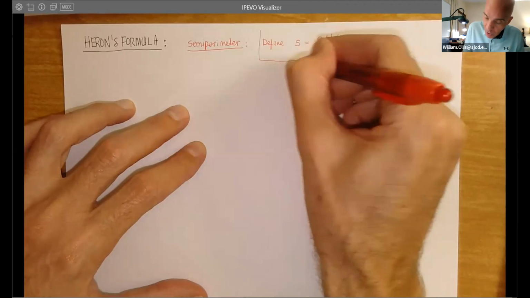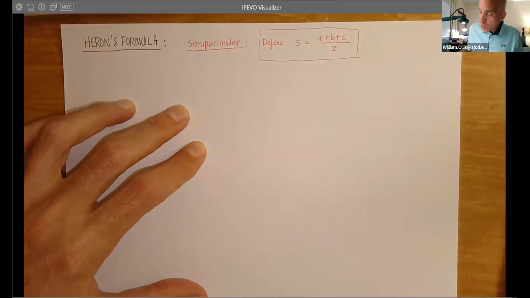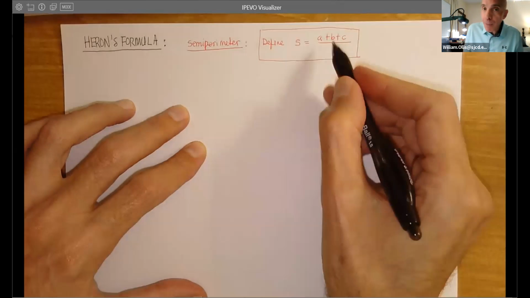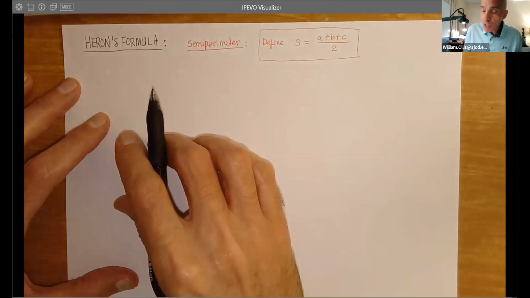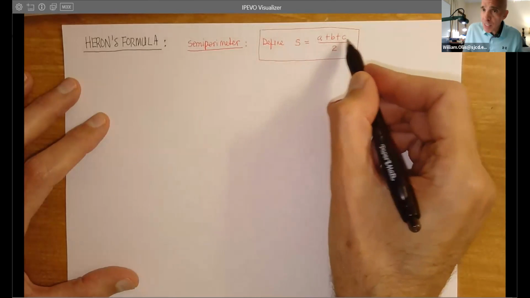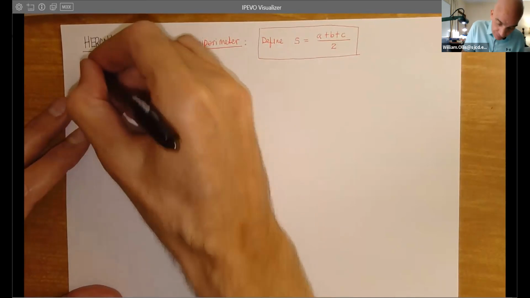So this is what we're going to call the semiperimeter. It's just like taking the perimeter of a polygon, but the semi part comes from dividing by 2. So again, these are the lengths of the sides of the generic triangle. So we could have something like this.